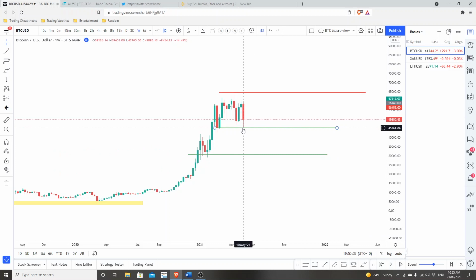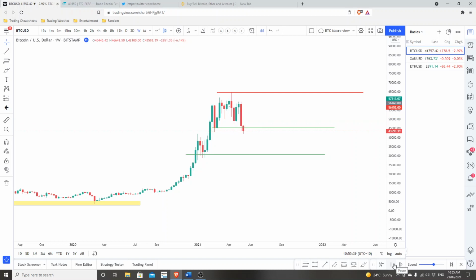Oh, we tested it again. There's another buy opportunity. Oh, see, we went through the level and closed back above. We might be looking to long that, like buy that area, but on the next candle, we get a close through it, which invalidates that level.